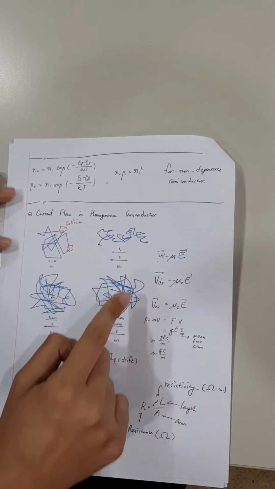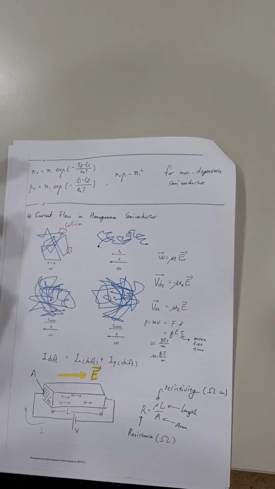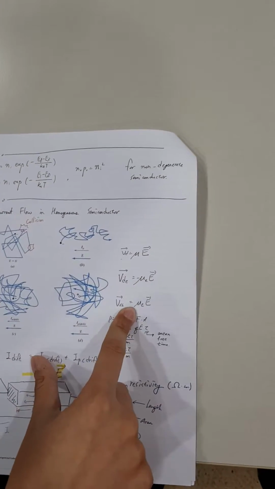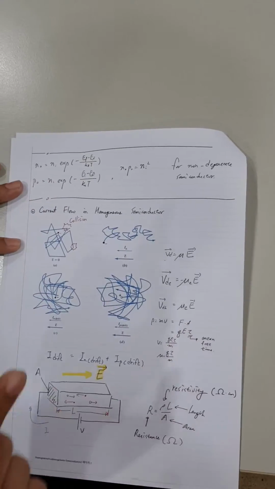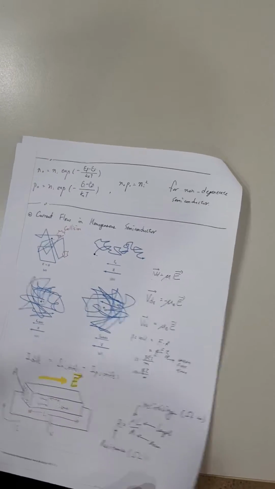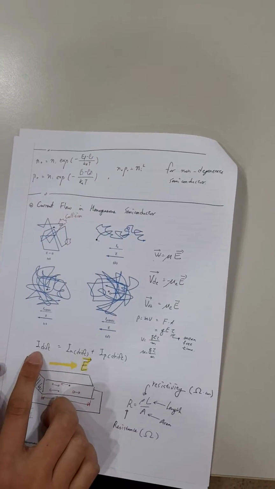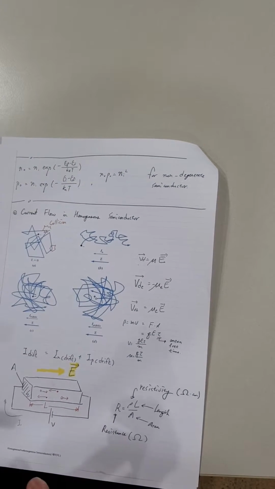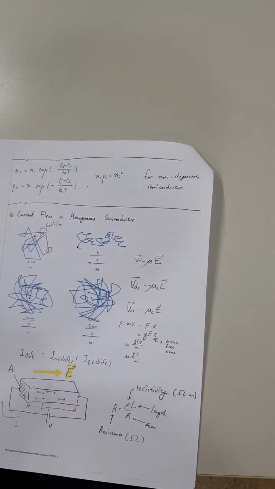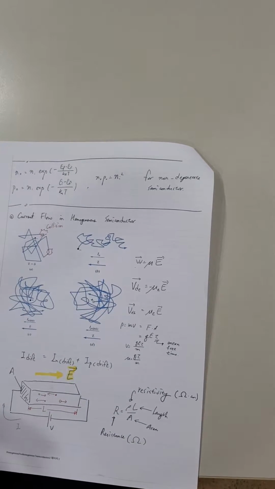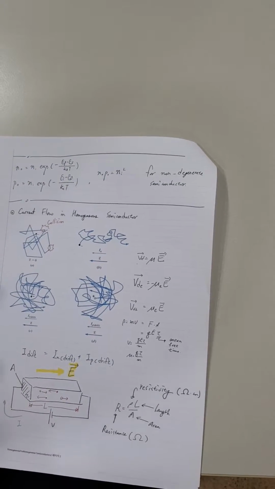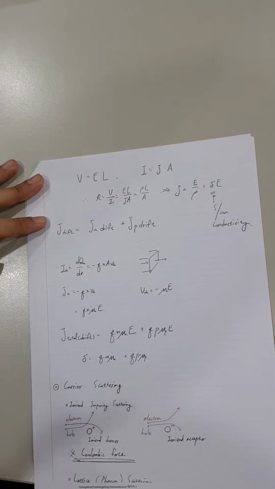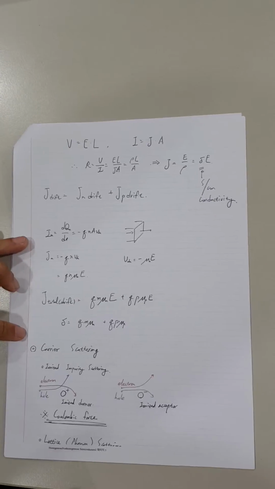As you can see, what is different between electron and hole is the sign in front of the mobility. And drift current is a summation of electron drift current and hole drift current. And this is the equation we have learned.